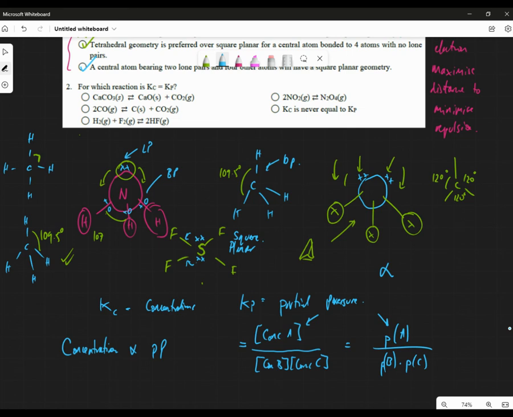So even though the concentration isn't equal to the partial pressure, the ratios will be equal. So we've got to find somewhere where the ratios are going to be the same.